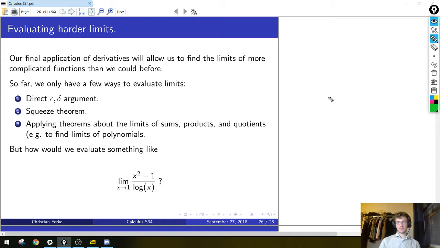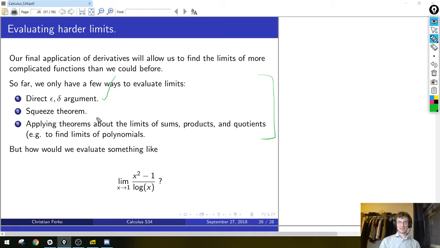So what do I mean by too hard before? When we computed limits in chapter 2, we only had a very small toolkit of ways to evaluate those limits, right? In some cases, we used a direct epsilon delta argument. This was kind of challenging to write out, but it gave us answers in a few simple cases.